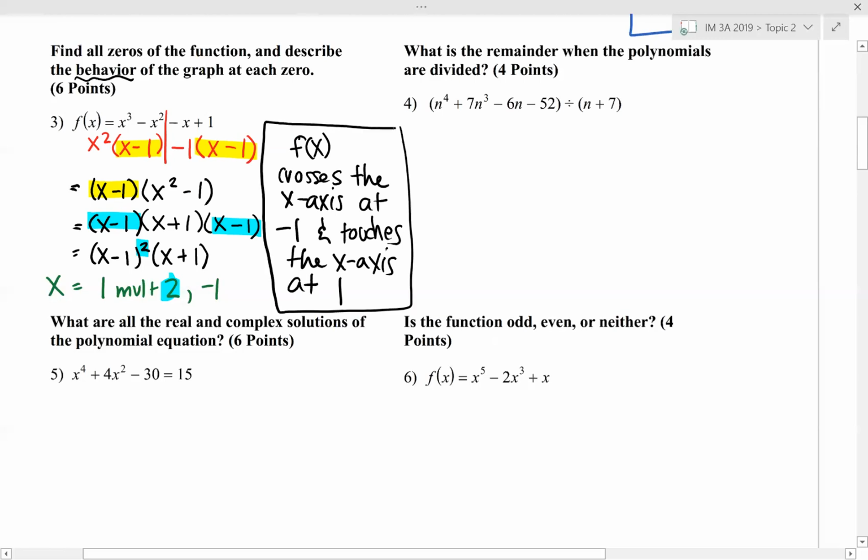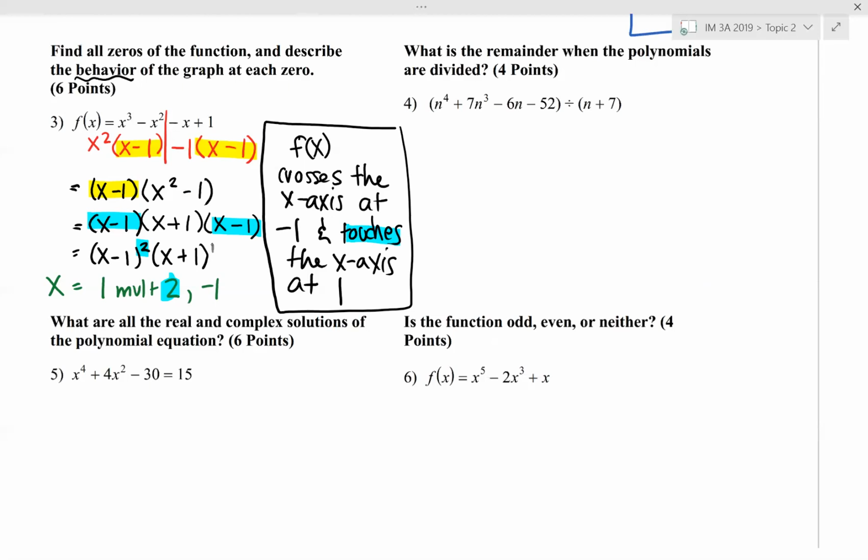So when I have a multiplicity of an even number, that's when it's going to touch the x-axis. When I have just a regular zero, where there's no power on the factor, or when that power is odd, because remember that this has an implied 1, which is an odd number, we just don't identify a multiplicity of 1.